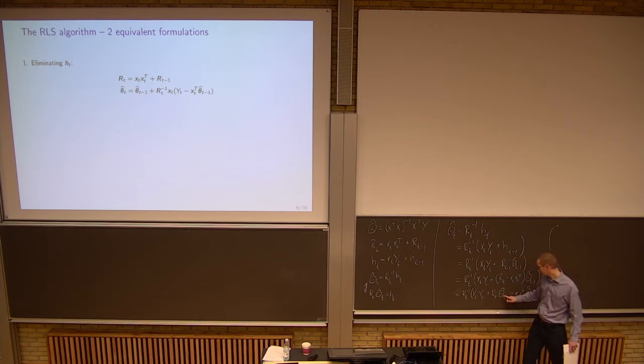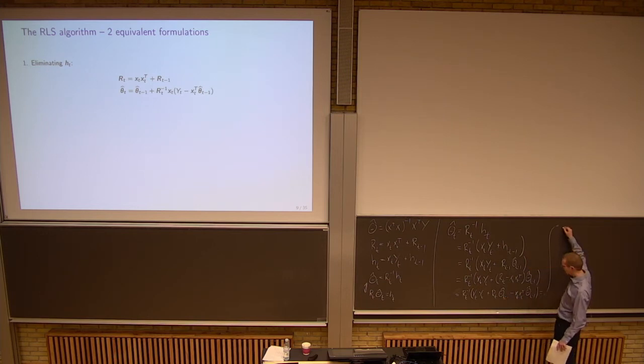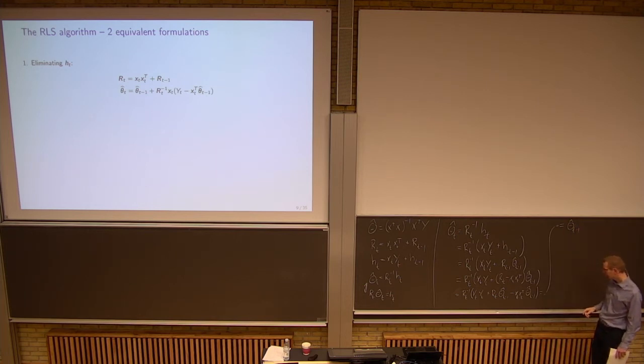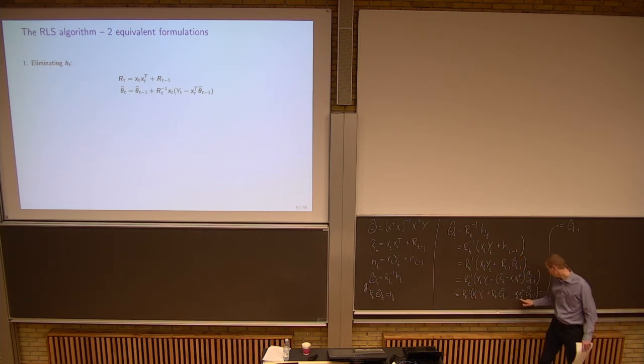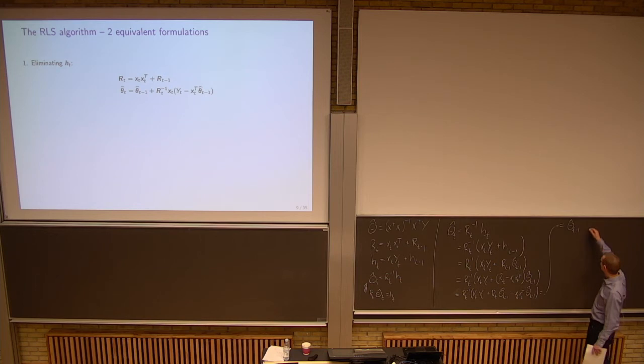So let's first take this term out and write that this is equal to just theta hat t minus 1. And then this has an R_t inverse, and both this term and that term, the only remaining terms, have an x_t as the leading part. So we can write it, with the same sign as up there, plus R_t inverse on x_t.